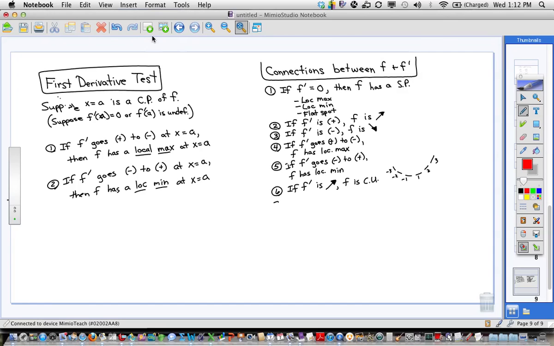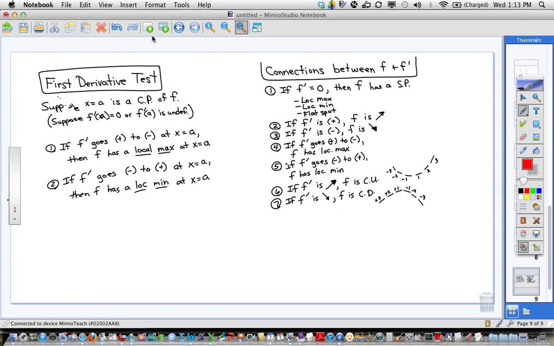And likewise, if f prime is decreasing, f is concave down, which would be like 3, 2, 1, -1, -2, -3. So decreasing, positive and getting less positive, or negative and getting more negative, that's concave down. So if slopes are decreasing, f is concave down.